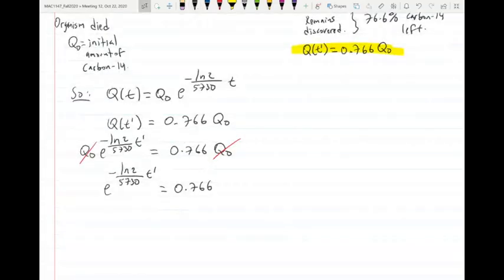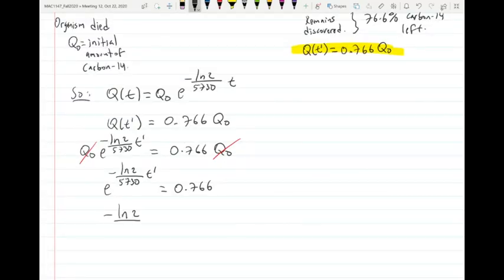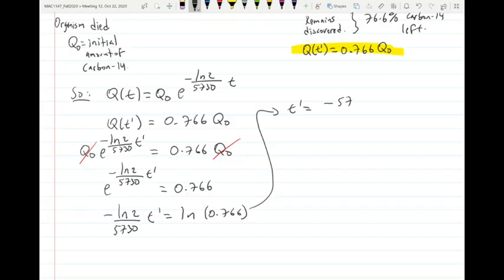And then we solve for T prime. So we do ln of 0.766, and we get that T prime is equal to negative 5730 times ln 0.766 divided by ln of 2.